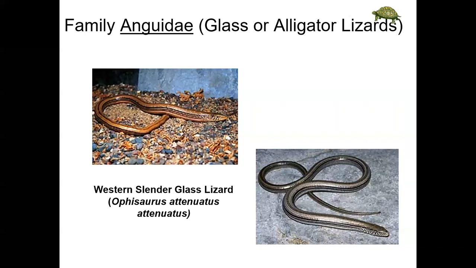Like skinks, which we'll talk about here in a minute, they oftentimes will shed their tails, which is called tail autotomy. And they're called glass lizards because, though you can't really see it very well in these pictures, the tails on these lizards are about 2/3 to 3/4 of the length of the animal. So this is the actual body, and about right here, all the rest of this will be tail.